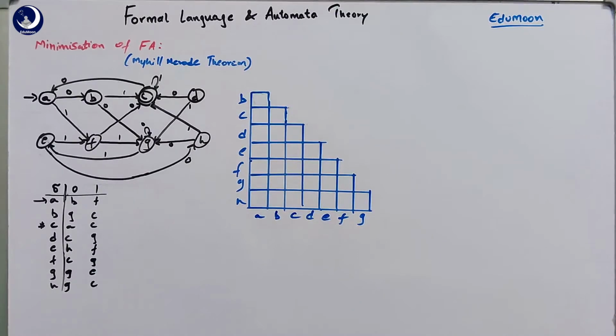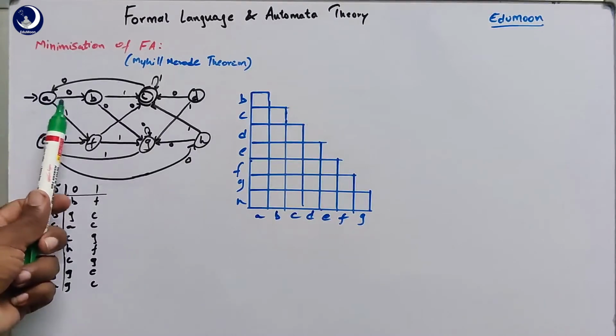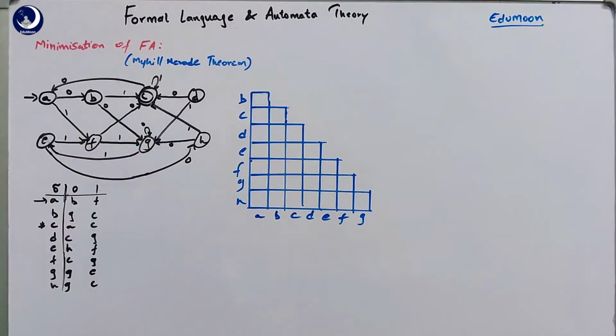Now we check whether there is a path from each state to the final state. Starting with A, you can see here from A there is a path to B, and from B to C. So directly or indirectly there is a path from A to C. So we can mark the block AC here.